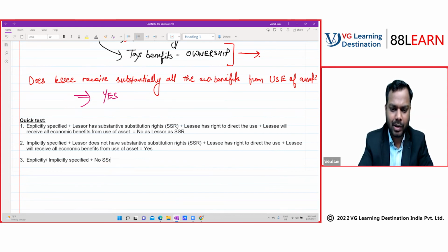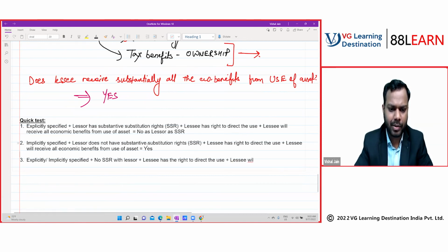Now lessee has the right to direct the use, plus lessee will receive, let me copy it, all that.